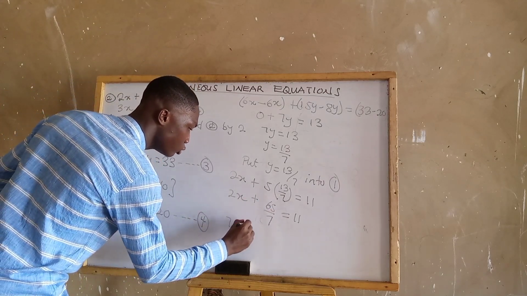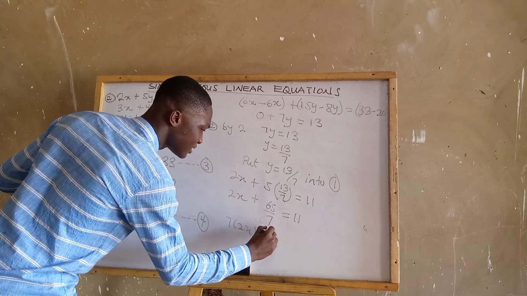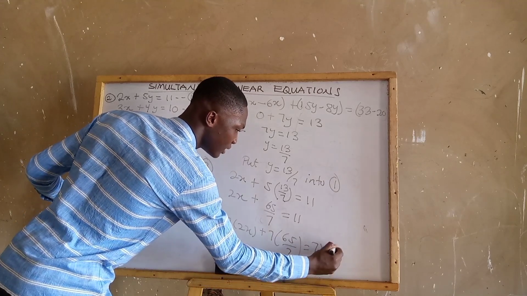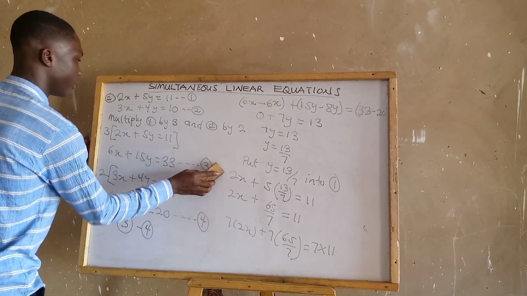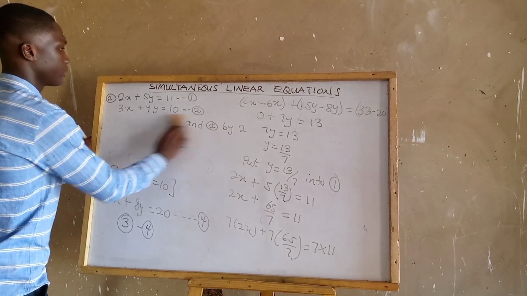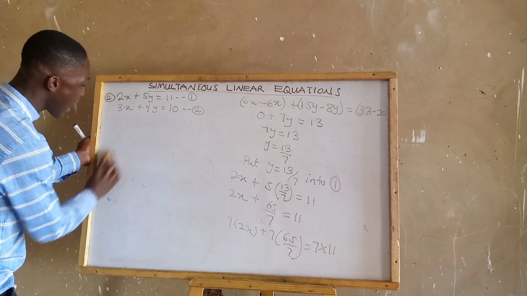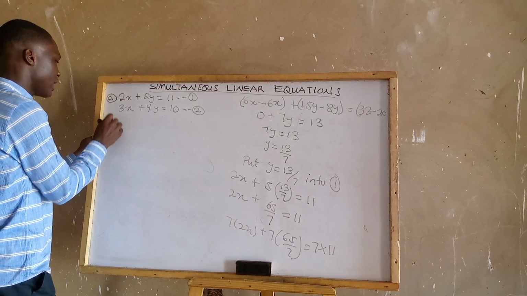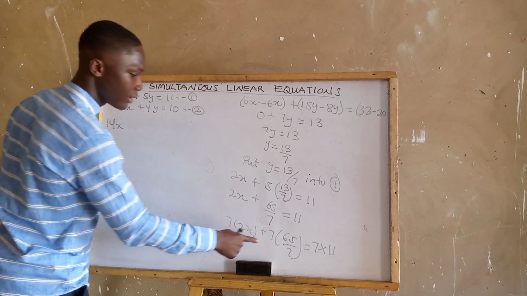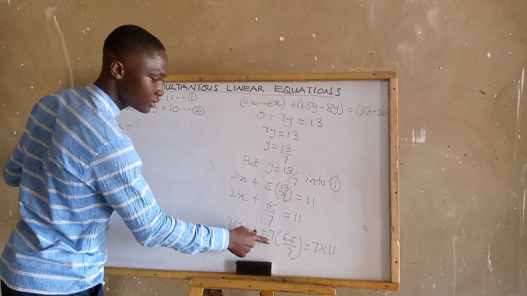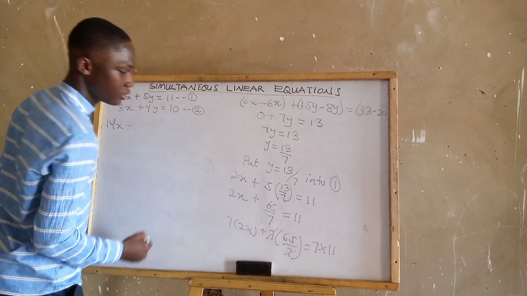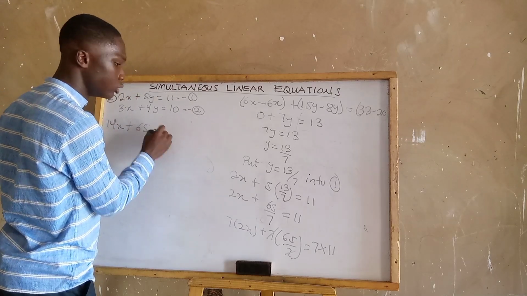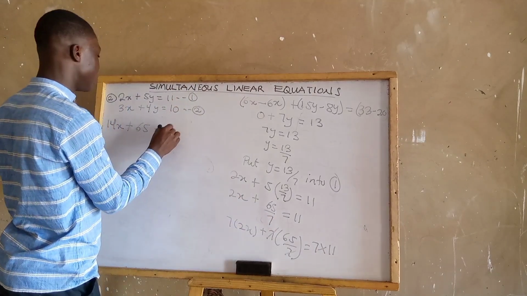So 7 times 2x plus 7 times 65 over 7 is equal to 7 times 11. 7 times 2x gives us 14x, then plus 65, because the 7 cancels the 7, is equal to 7 times 11, which is 77.